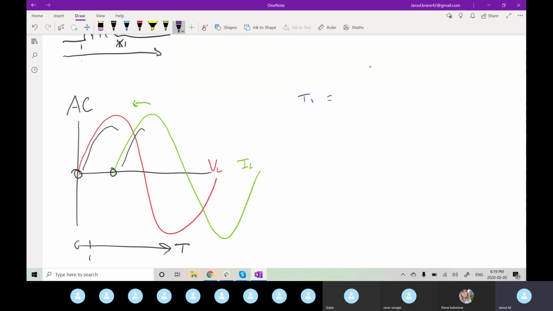At time 1, we'll see some voltage, no current, and it won't be until time 3 before you start to see current show up.